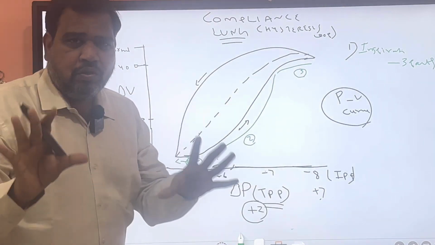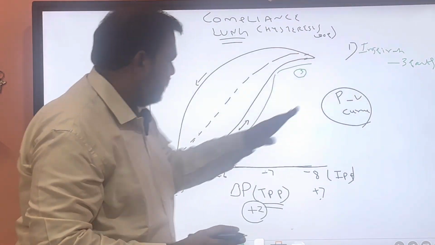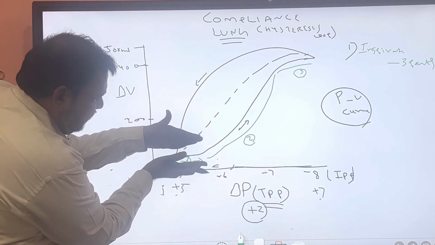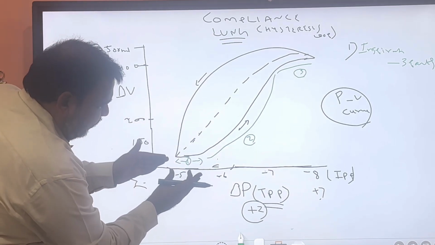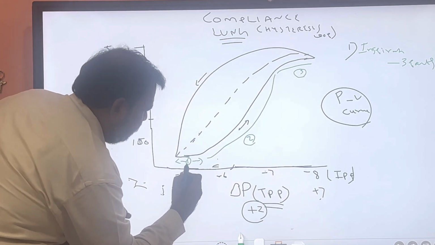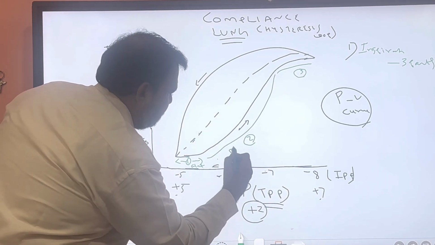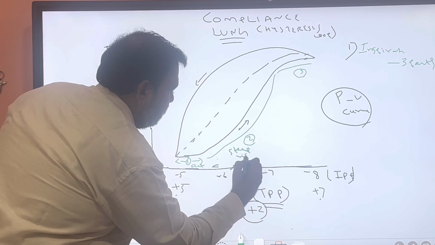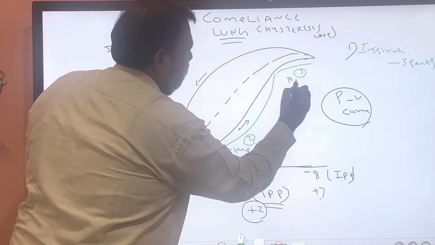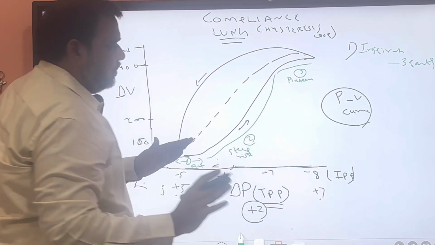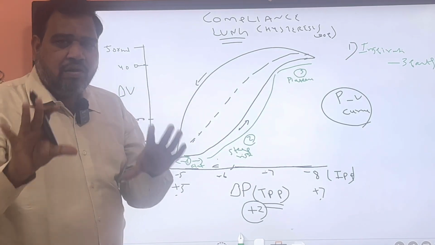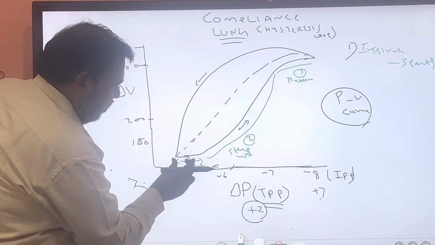Just look here at compliance during inspiration. At the starting stage, I require more pressure because it is like a flat tube, almost flat. Then a steep rise, then again a plateau or flat phase. So, what I want to say is the compliance curve during inspiration has almost 3 phases.